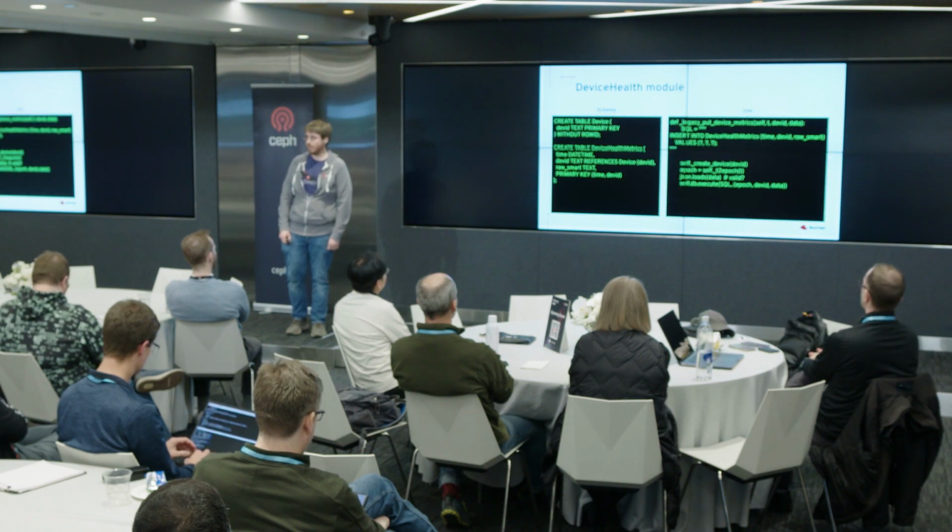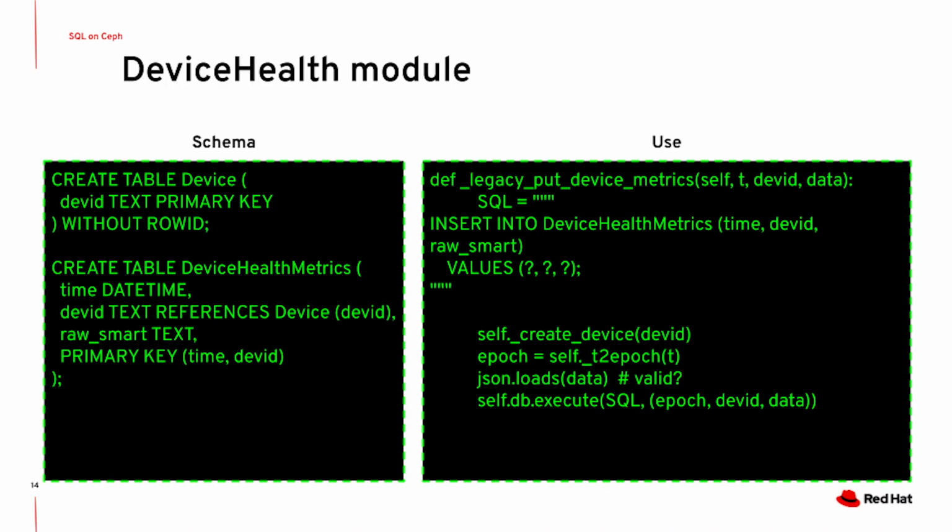The device health module. Now the schema is fairly simple, but I didn't talk about earlier, forgive me, what the device health module would do: it would create an object in RADOS named after the device that it was collecting health for, and then it would use the OMAP key values to store a series of smart data dumps in the OMAP.